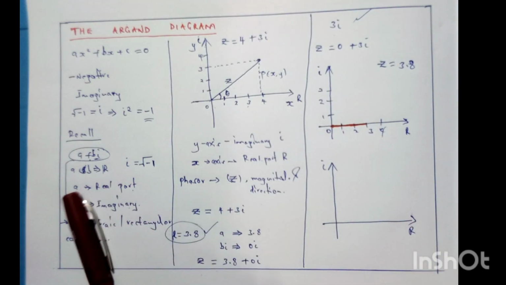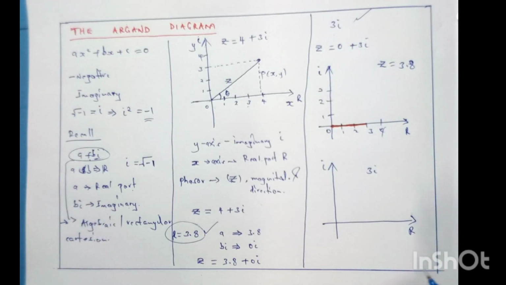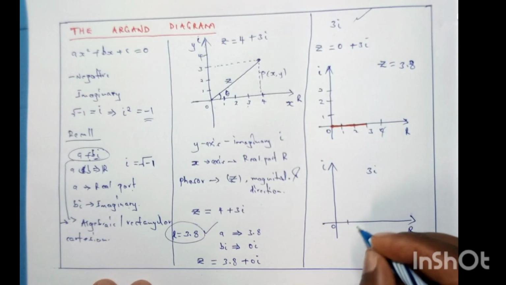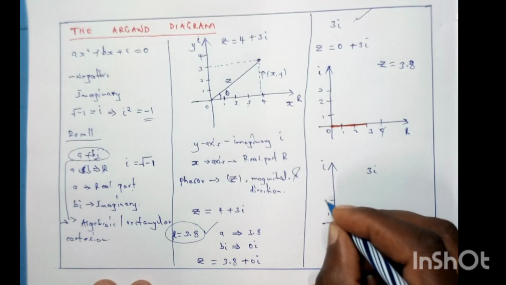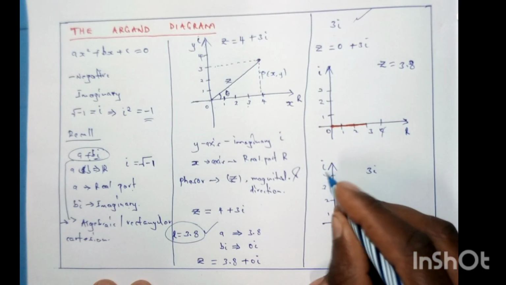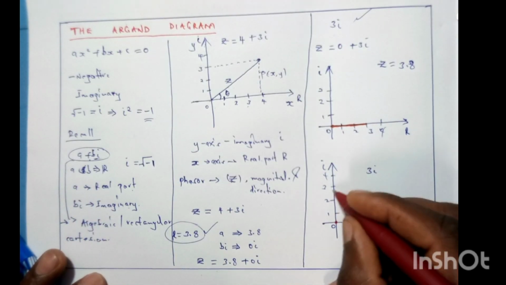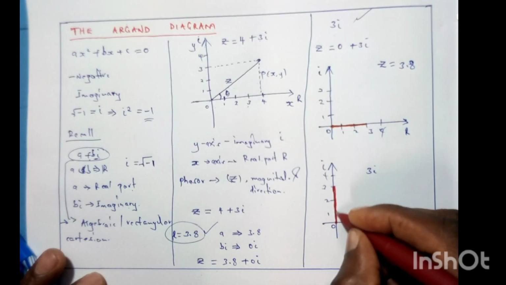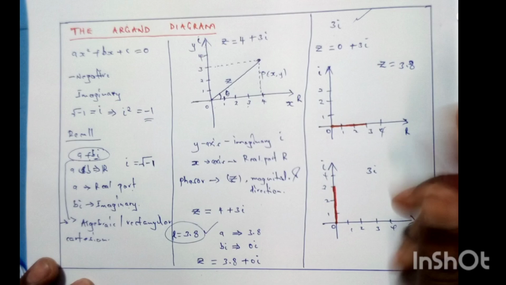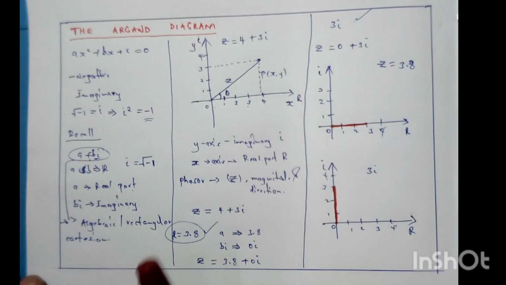Suppose we have an imaginary number that is only represented by 3i. Then we have 1, 2, 3, perhaps 4, and we represent this one along the imaginary part for 3 units. It's indicated using that particular notation, and these are just solid lines. I'm just repeating them for emphasis so that they are visible for us.